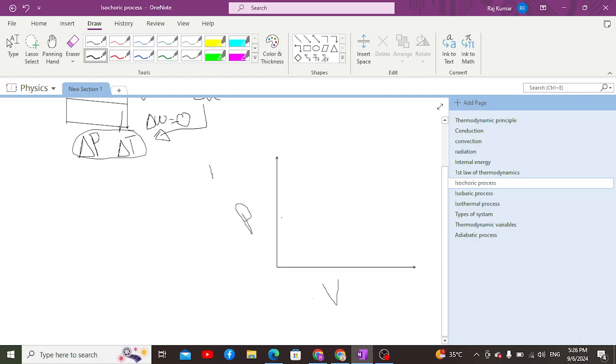Since the volume is kept constant, the pressure-volume graph will be a straight line.